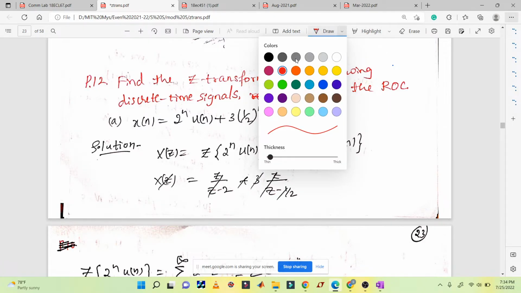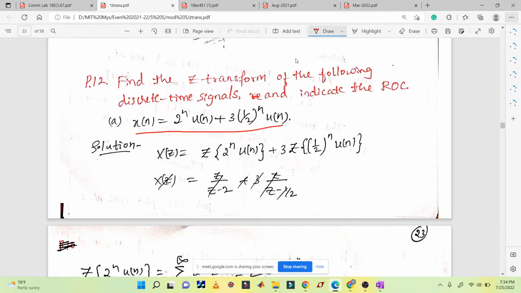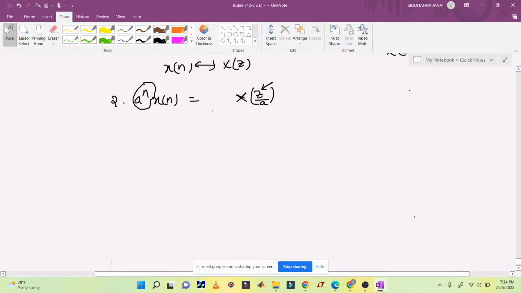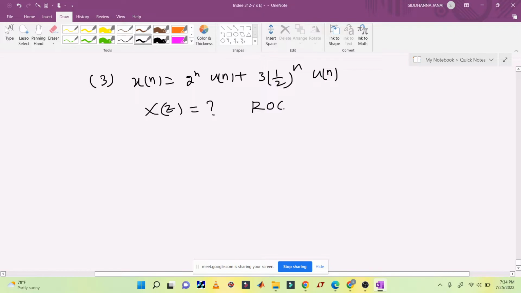So let us consider our problem as given: x of n is equal to 2 to the power n u of n plus 3 into 1 by 2 to the power n u of n. So this is the problem given. We need to find out Z transform and write the ROC. Okay, this is the problem.